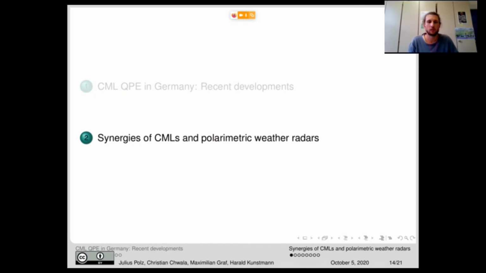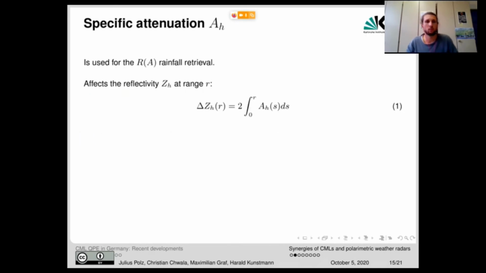Now about the synergies of CMLs and polarimetric weather radars. We already heard a lot of talks today about specific attenuation. And what we learn now is that microwave links also measure specific attenuation. So there should be something we can get out of that.